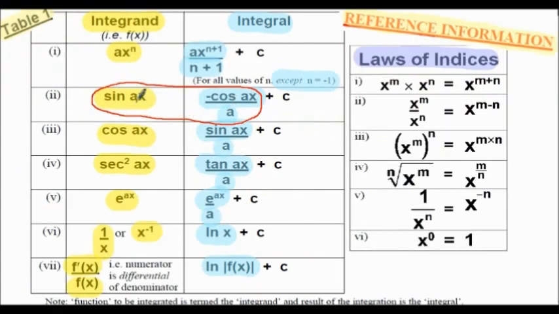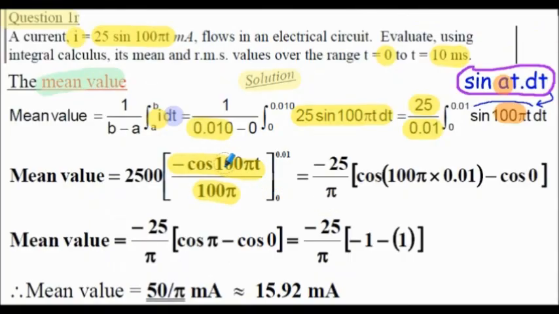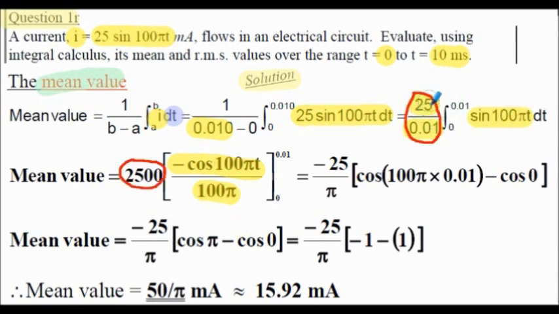But of course the a in this problem is 100 pi, so that's why the 100 pi occurs in the denominator when we integrate. So here's the a shown here. Just note for reference here, the 25 divided by 0.01 is of course the same as 2,500. And of course the limits of the integration process stated at the back of the bracket.